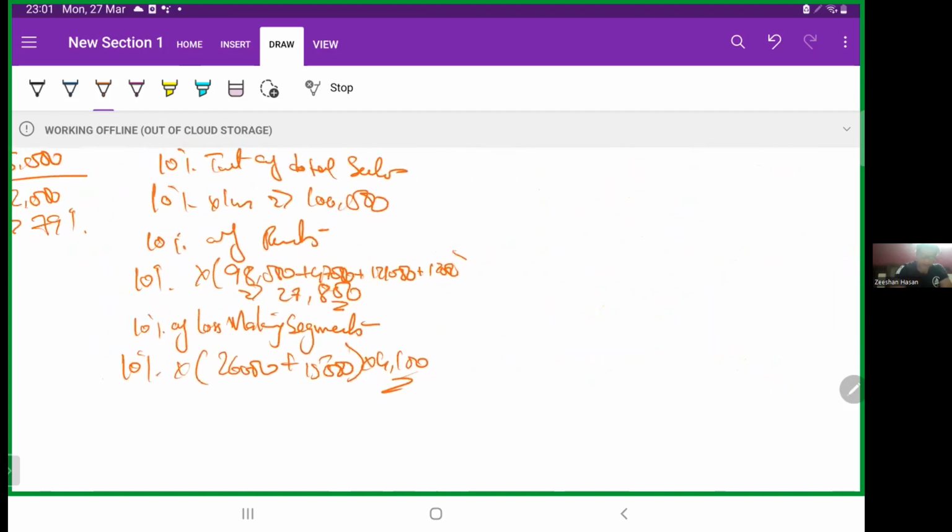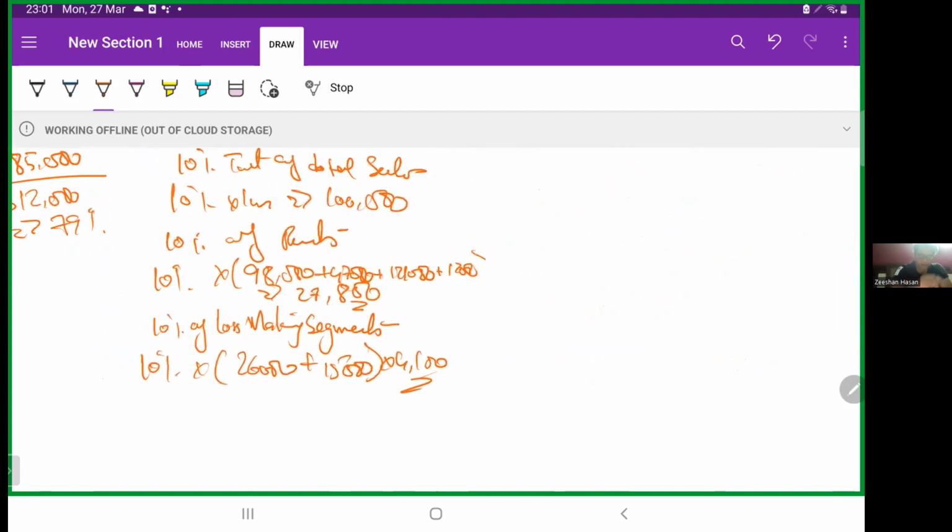Last working, 10% of total assets. 10% of 10 million is equal to 1 million. All segments whose assets exceed 1 million are reportable in this case. We did all of our working.